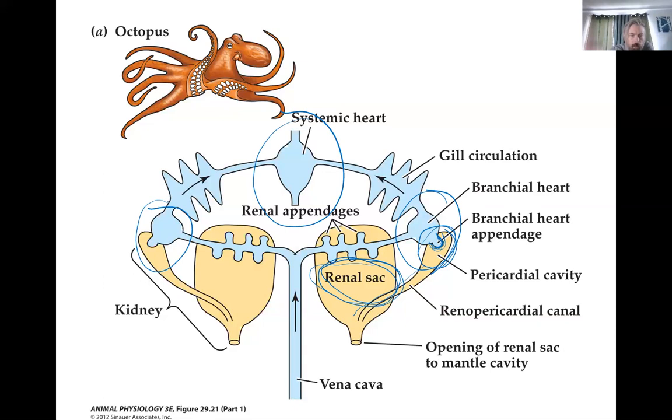The renal sac also has little appendages, renal appendages, from the major blood vessels that come in here. And filtrate is produced here from these blood vessels and actually from this branchial heart appendage, rather than from a nephron or anything else like that. And so the whole of the kidney is this pericardial cavity, renal pericardial canal, and renal sac together that just produces basic filtrate. That's pretty wild, honestly. It is pretty wild.